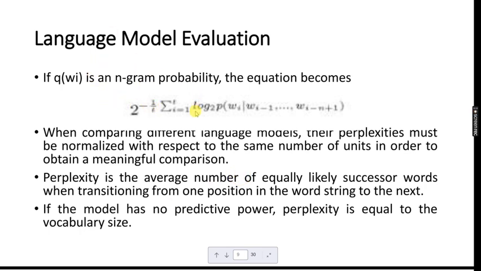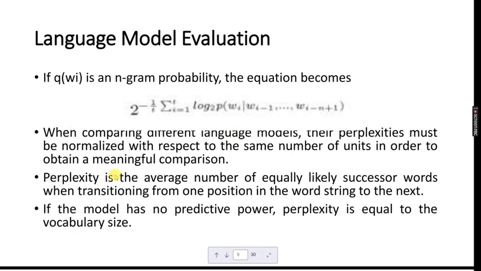Continuing with the language model evaluation, this Q of Wi is also called the n-gram probability. So this equation can be written as 2 power minus 1 by L, summation i equals 1 to t, log 2 P of Wi, which is dependent on the words Wi minus 1 to Wi minus n plus 1.